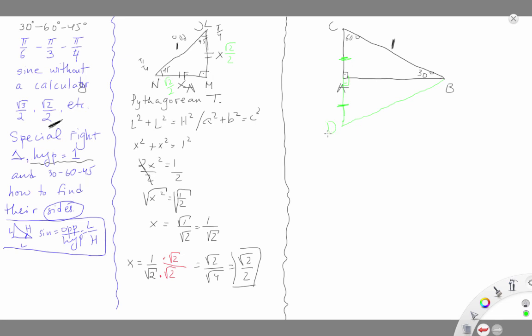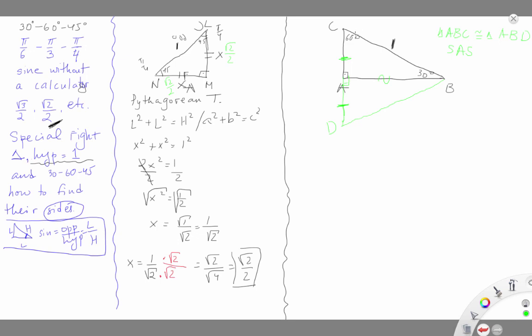This will be the letter D. You may notice right away the triangle ABC is actually congruent, exactly the same as triangle ABD. These two sides are equal, both angles are 90 degrees, and this side is equal. So if you remember the postulates for congruent triangles, the side-angle-side postulate tells us those two are exactly the same.